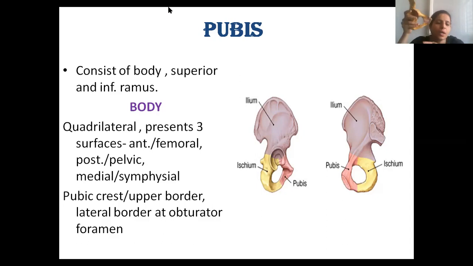Now, if you observe, this whole thing is the body of pubis, right? So on this body of pubis, if you draw a line, the upper part you call the pubic crest. Very important point. What is this upper line called?